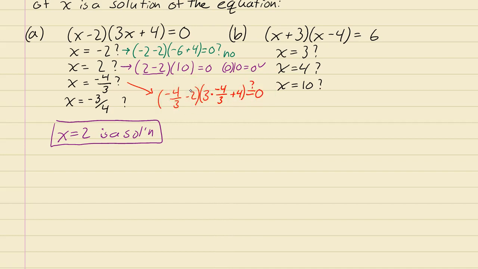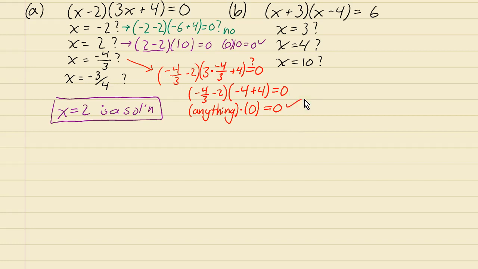And we're going to get some weird fraction for that -4/3 minus 2, whatever that came out to be. And the 3 times something divided by 3, that just cancels out, and you get -4 plus 4. Is that equal to 0? -4 plus 4 is equal to 0, so this whole thing becomes something times 0. Whatever this weird fraction is times 0 is 0. So yes, that is a solution.